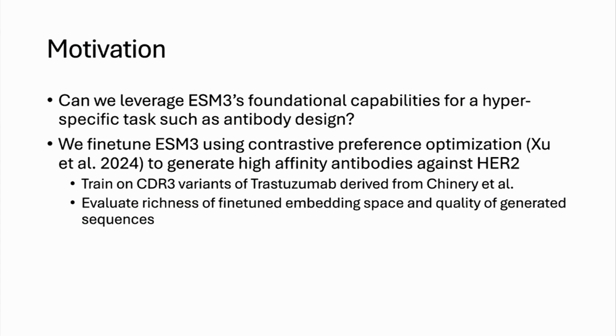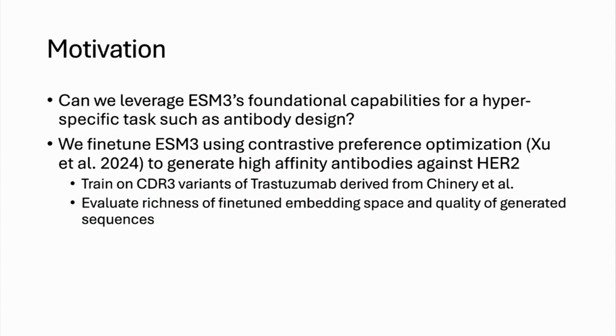We will utilize ESM3 to generate initial embeddings for the antibody CDR3 sequences. We will then sample two sequences from the data set, one with high binding and another with medium or low binding, and then perform contrastive preference optimization in order to steer ESM3 to predict sequences with a high level of binding.